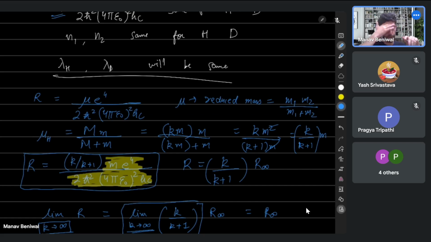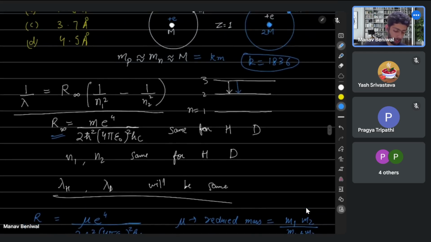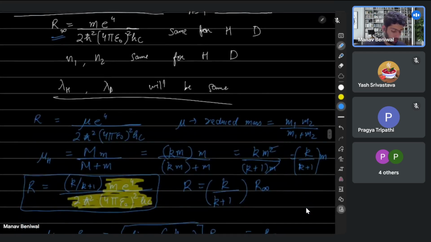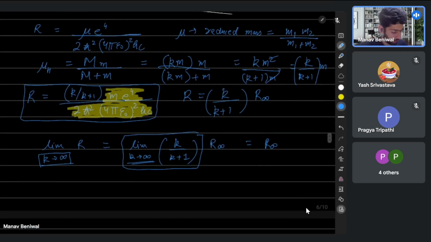Now what we want to find is the difference in the wavelengths. We have already calculated mu of h. Now let us calculate mu of d. For deuterium, instead of m, we will have 2m, that is the mass of the nucleus. Here you will have 2m and m.